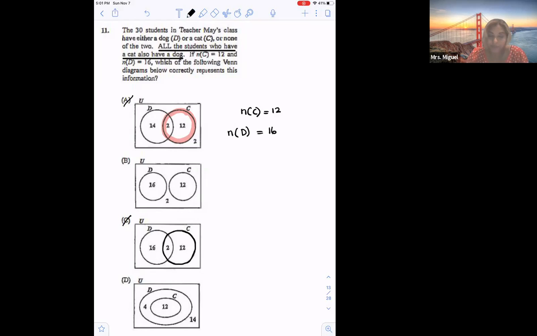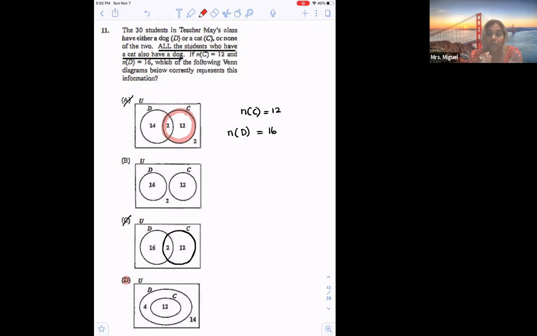So my option is between B and D. Now, since everybody who owns a cat also has a dog, it means the answer is D. C is a subset of D, meaning that once you have a cat, automatically you also have a dog.